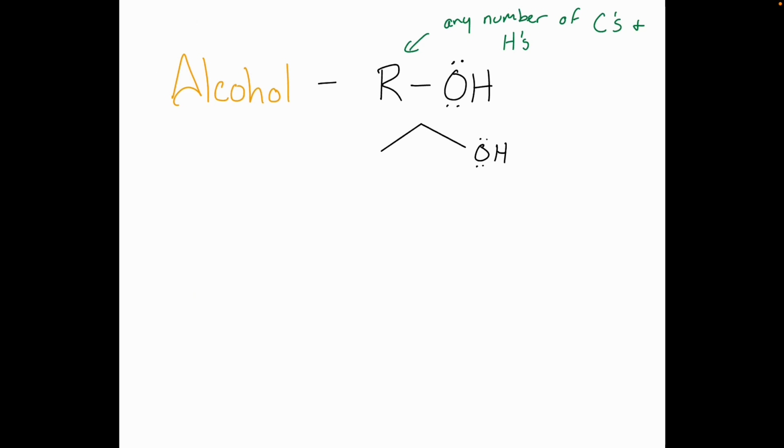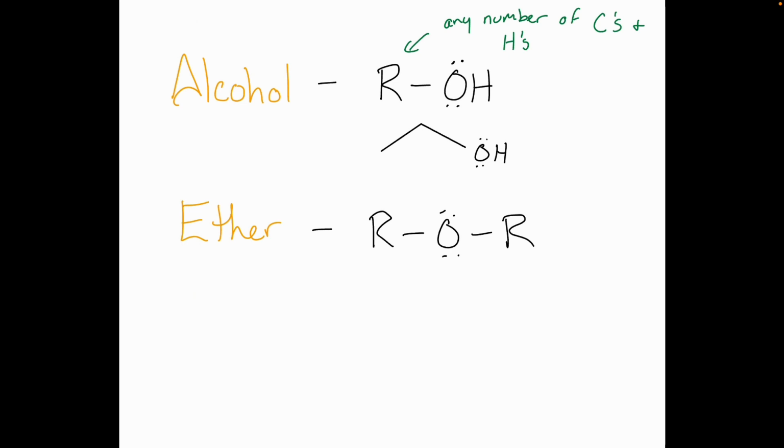Okay, so an alcohol is necessarily going to contain that OH group. There's another similar molecule that contains oxygen called an ether. The big difference is that the oxygen is going to be bound to 2 carbons. So instead of having a hydrogen on one side, it's going to have a carbon on both sides.